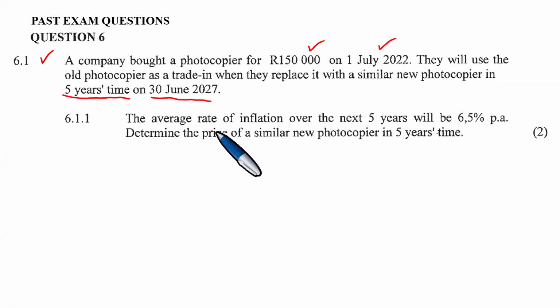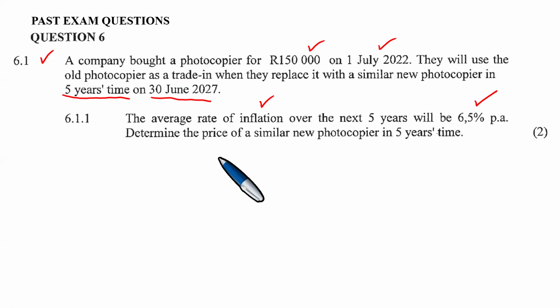The average rate of inflation over the next 5 years will be 6.5% per annum. Determine the price of a similar new photocopier in 5 years' time. What do you think?